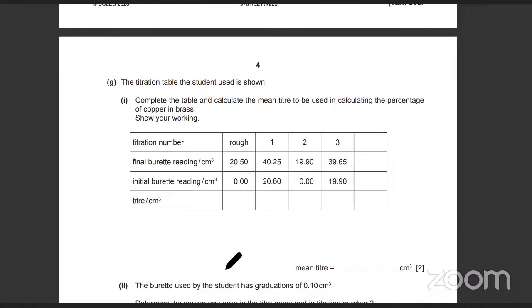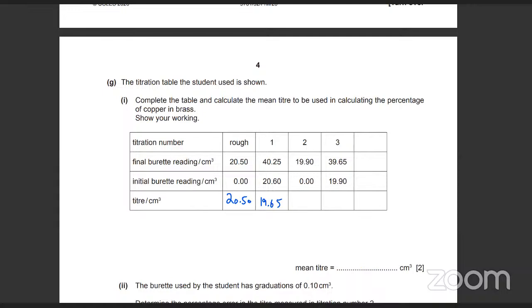Next part is to complete the table, so tell me what the values are for the first one. It's 20.5. He did 4 titrations, and there was a rough one. What's the second value for titration number 1? 40.25 minus 20.6, what would that be? That's 19.65.